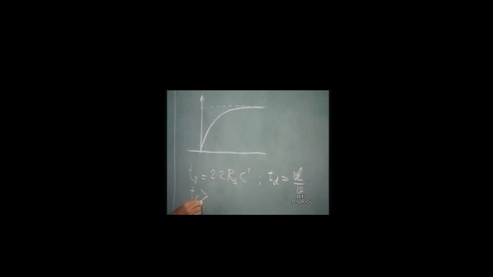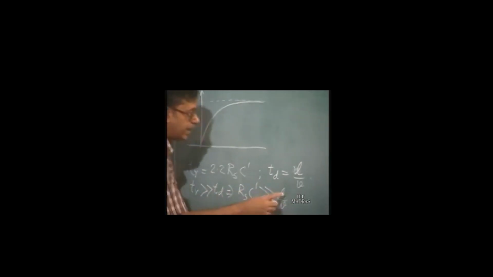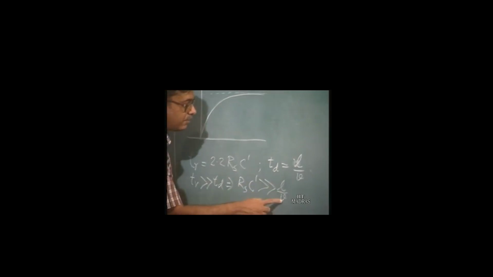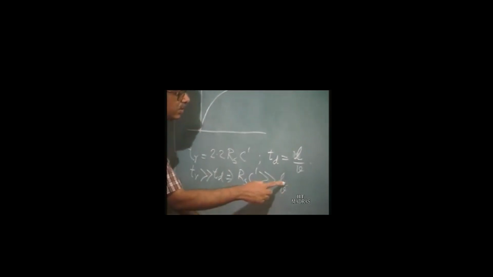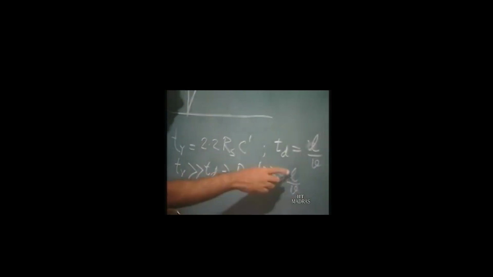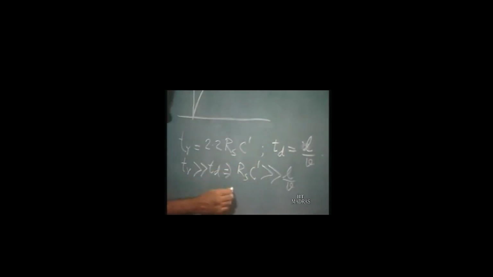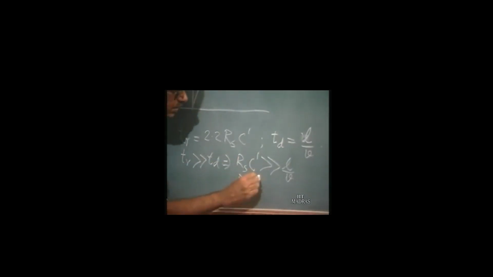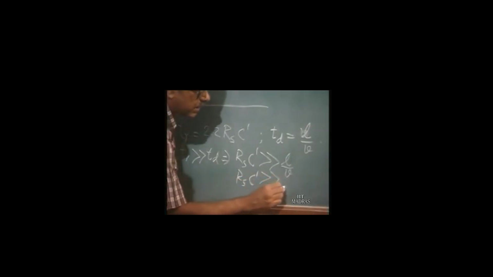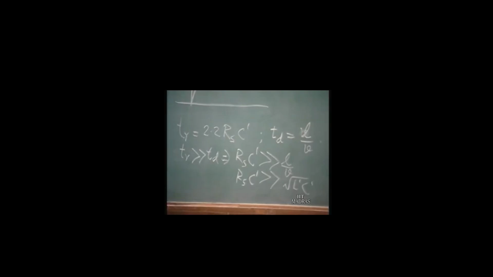So TR much greater than TD would imply that Rs C prime is very much greater than L by V. L by V is equal to TD, which is related to the inductance and capacitance of the line. In other words, Rs C prime is very much greater than root L prime C prime.